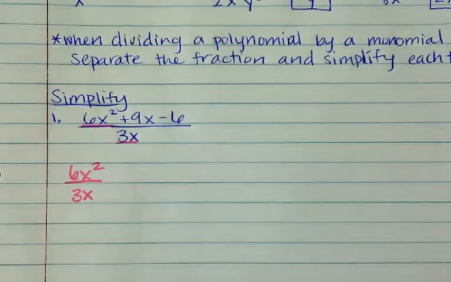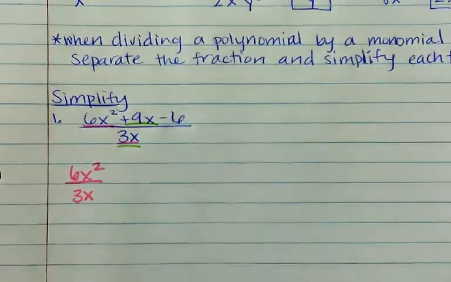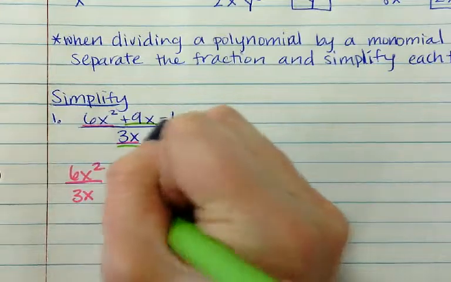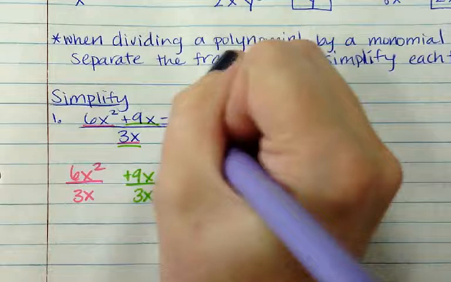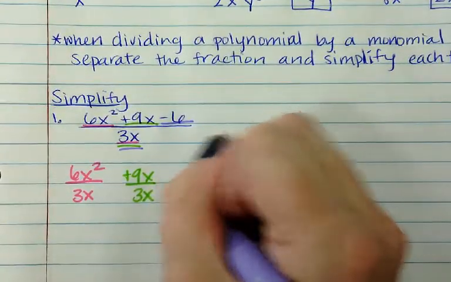We're going to separate it out. And then I'm going to do the same thing with my middle term. I'm going to say plus 9x divided by 3x. And lastly, with my last term, negative 6 divided by 3x again.